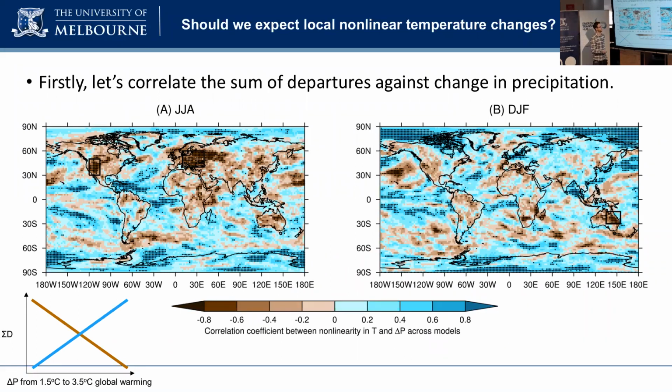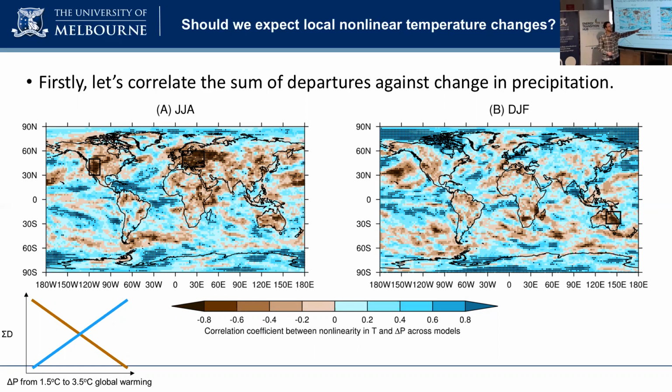So if we look firstly at austral winter, these brown and blue grid boxes are designed to try and match this. So where it's brown, you're getting this effect where the models with accelerated local warming have decreases in precipitation. And basically what we're seeing in the northern hemisphere mid-latitude regions, and this is where most of the models actually have accelerated warming, is that the models with the strongest accelerated local warming have reduced precipitation and vice versa.